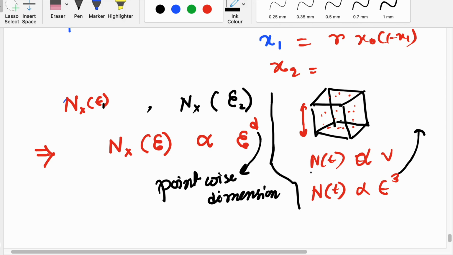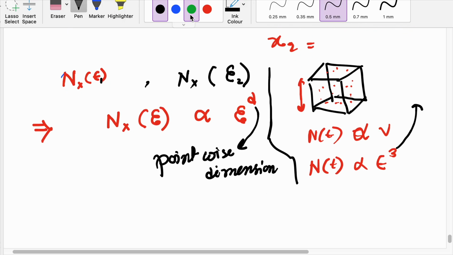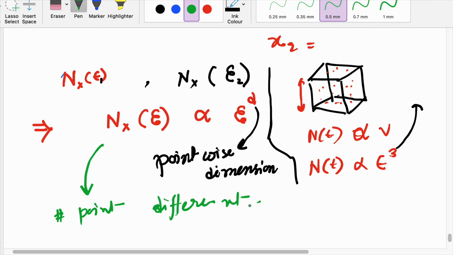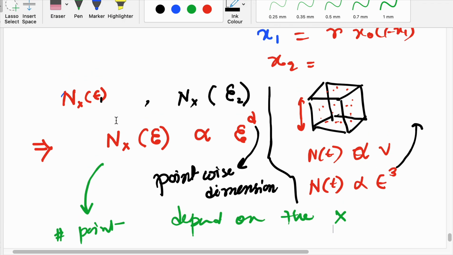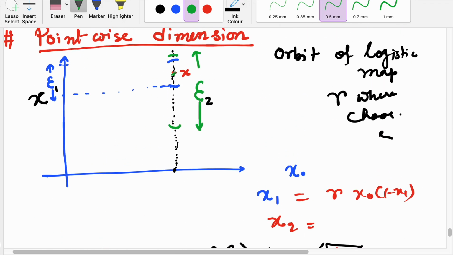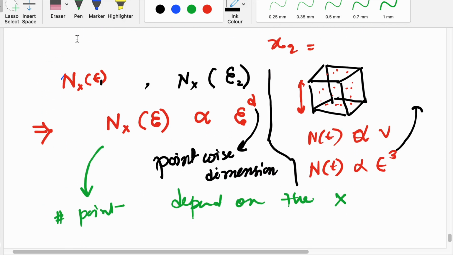It is very obvious that the number of points will be different, and it depends on this x, that is, whose neighborhood I am collecting the points in.